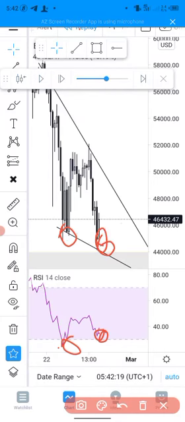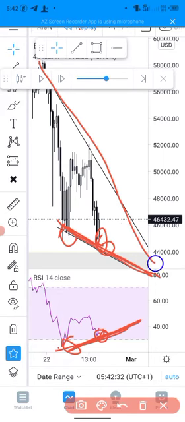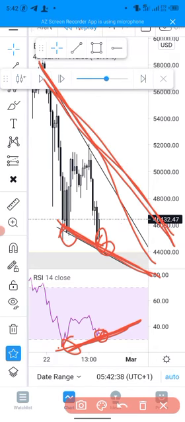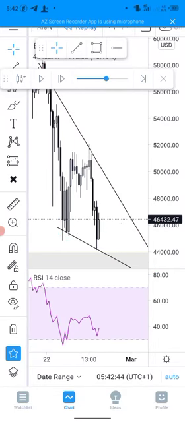So what I did was I drew a trend line here. I now drew another trend line like this. No, I think I drew it like this. Yes, I was waiting for the market to come and break it up. So let us play.